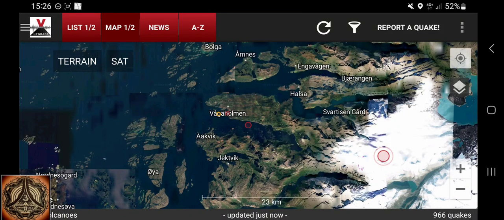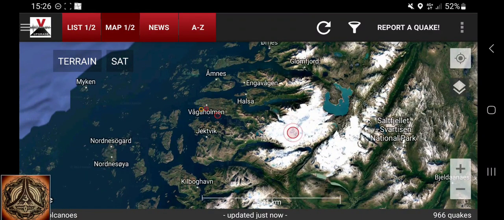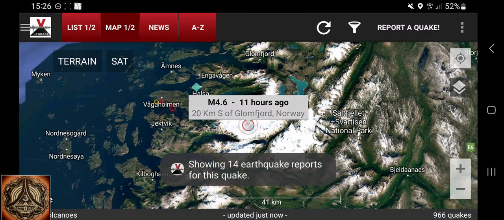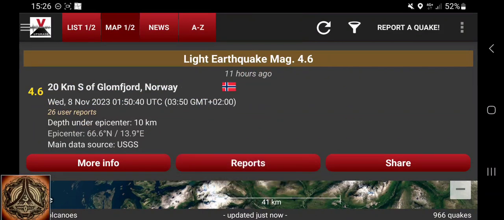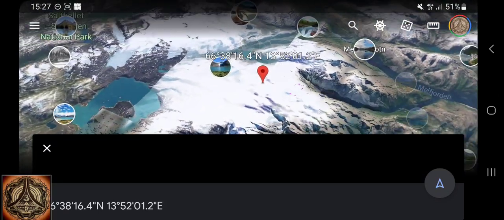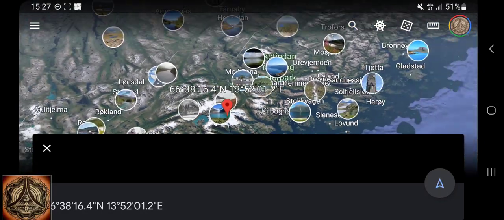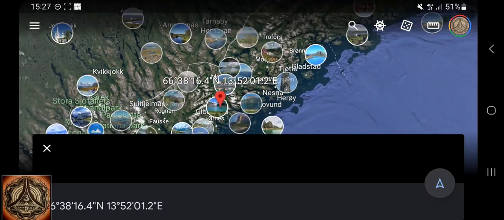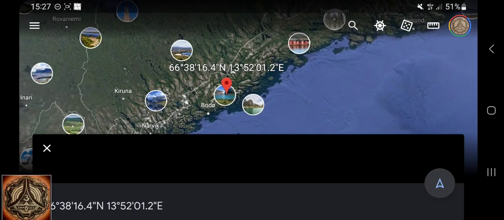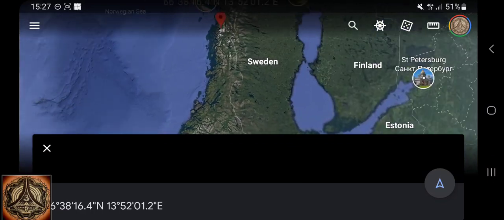So the thing is, let's check it out. Let's take the coordinates from that and check out how far away from Rissa it is. So that's the quake location. It's on a glacier. Check it out. Mountain water, anyone? Yeah, but we are probably upside down.